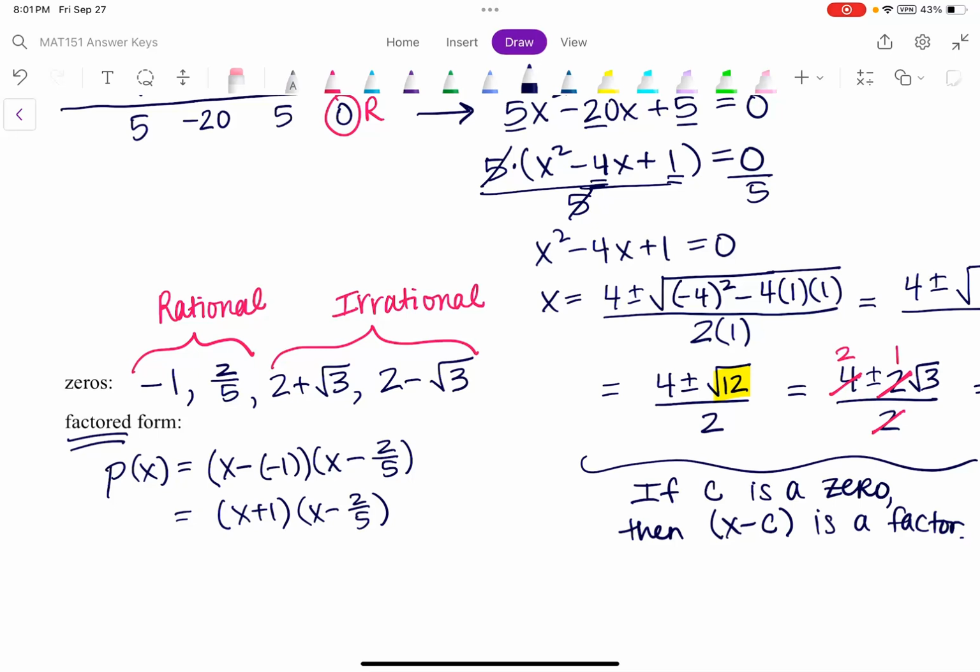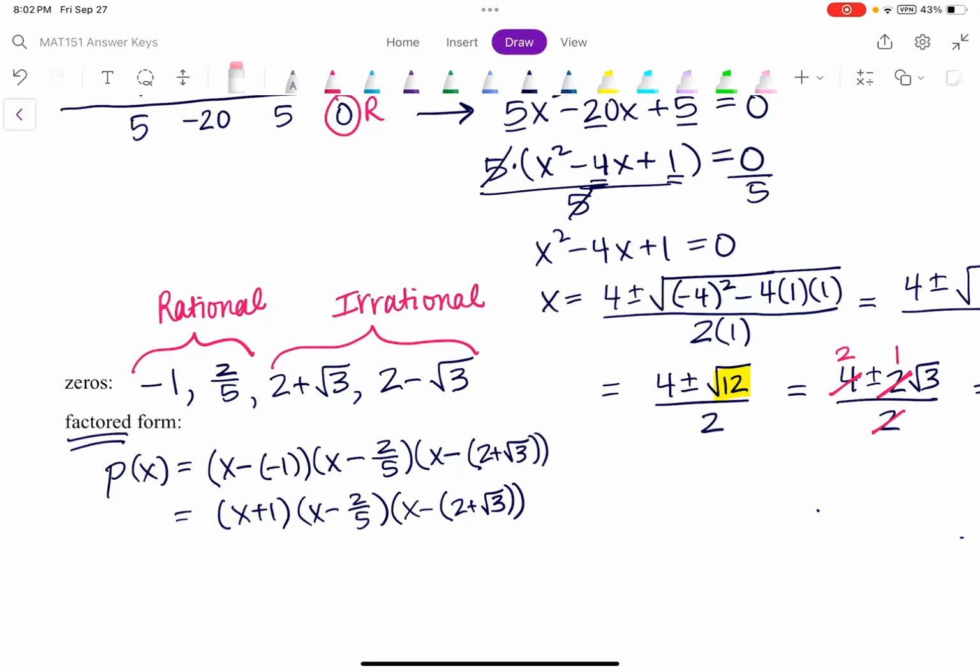My third 0 was 2 plus the square root of 3, so my factor will be x minus that quantity, 2 plus the square root of 3. And you can leave it just like that, x minus the quantity, 2 plus the square root of 3. You don't need to simplify that at all.